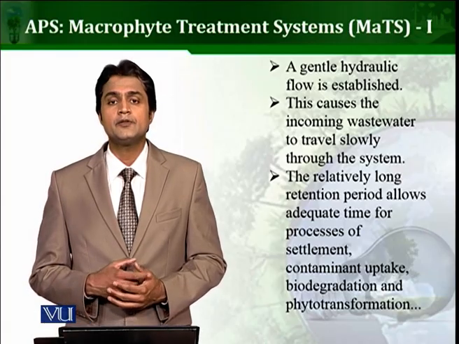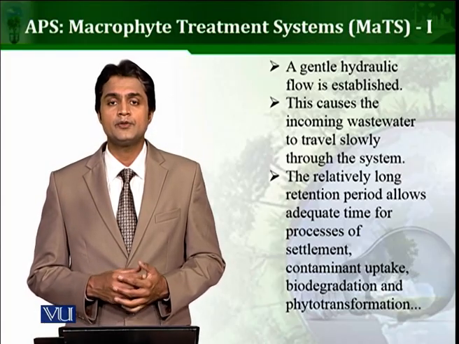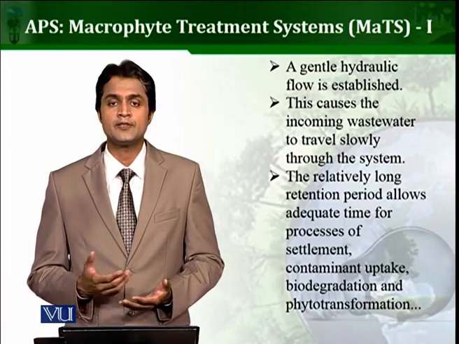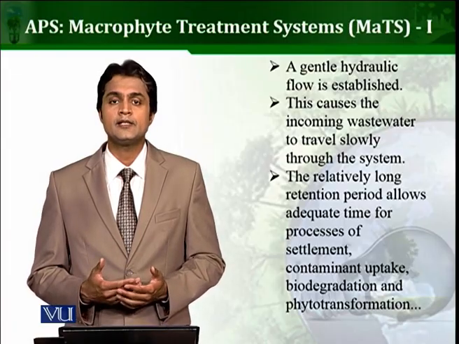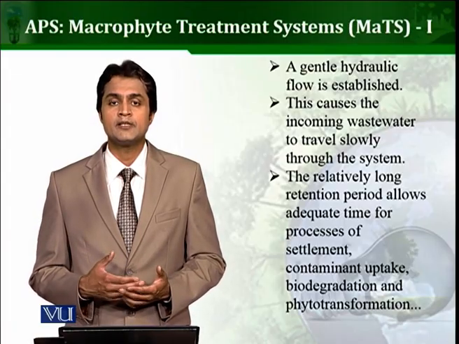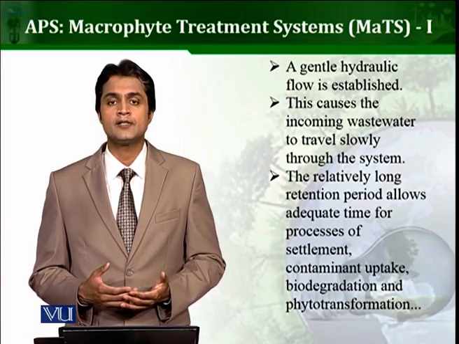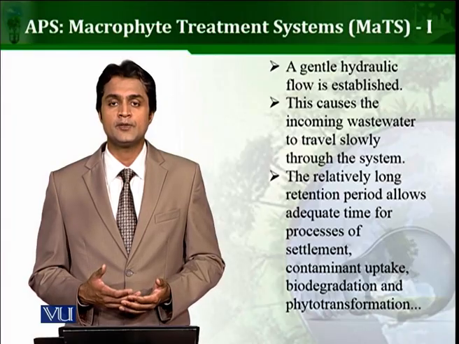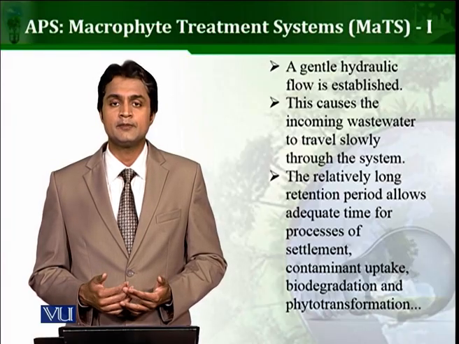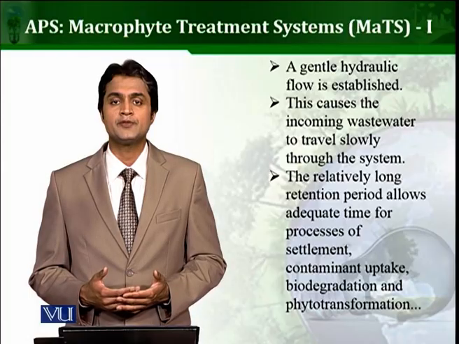Now, when we introduce the effluent, we try to introduce it in a very slow fashion with a slow flow rate, so that it gets ample time to come in contact with the plants. Moreover, there are not just plants growing over there, there are so many other microbes growing there as well, both in the water and in the sediment, also in the rhizosphere of the plant's roots.